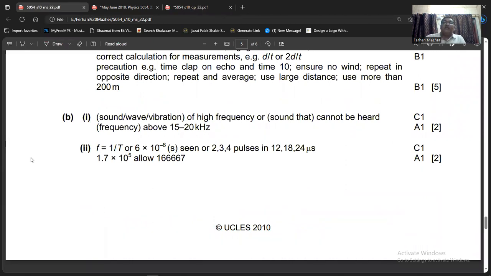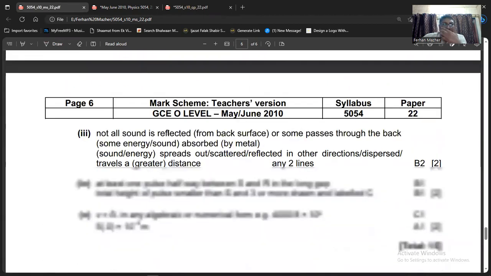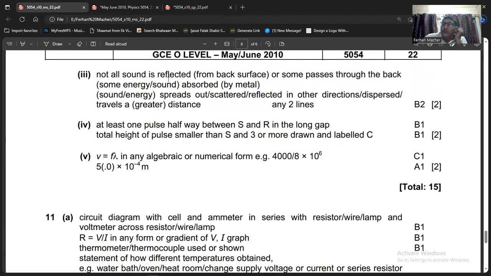Some sound travels further, or passes through the back surface. Sound energy spreads out, is scattered, reflected in another direction, dispersed, and travels a greater distance.